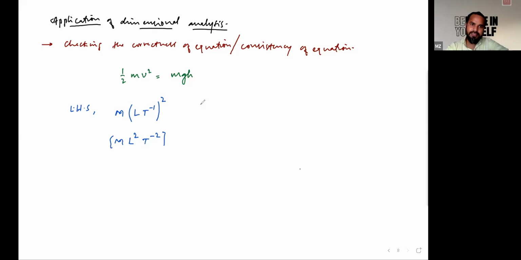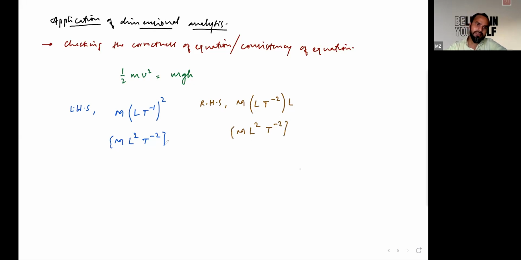Similarly, for the right hand side, if I solve RHS, we have mass, capital M, g is gravity, or we can call it acceleration due to gravity. So it would have dimension as Lt raised to the power minus 2, and h is nothing but height, which represents length. So it would be M, and L and L becomes L squared t raised to the power minus 2.